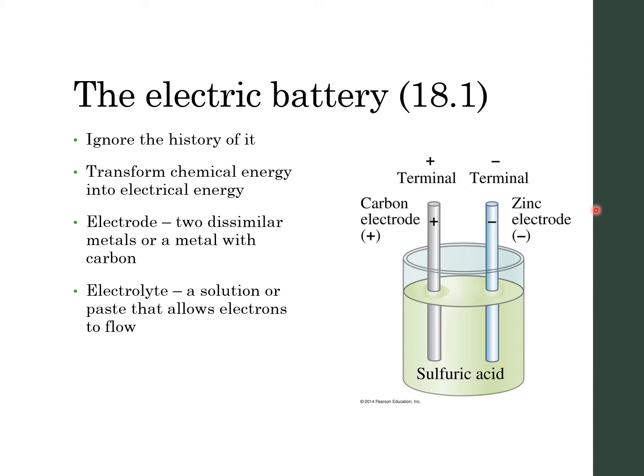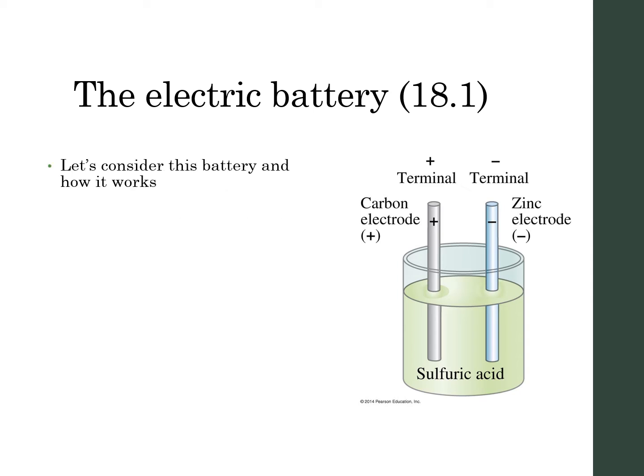There's an electric field between them, and there's going to be a potential difference between the two sides of the battery. And it's this potential difference that's important. So this is what we're going to be focusing on right now for the electric battery. There are other types outside of a zinc carbon sulfuric acid battery. This is just the one the textbook is going to be using.